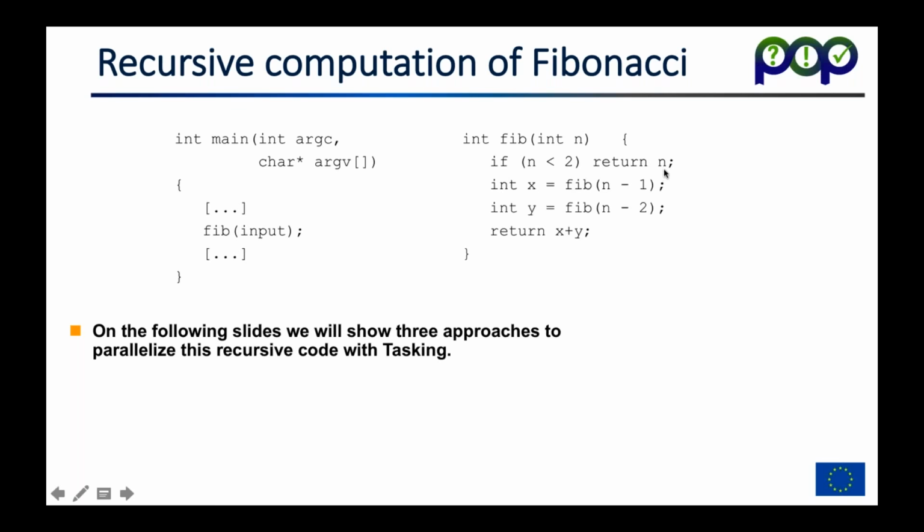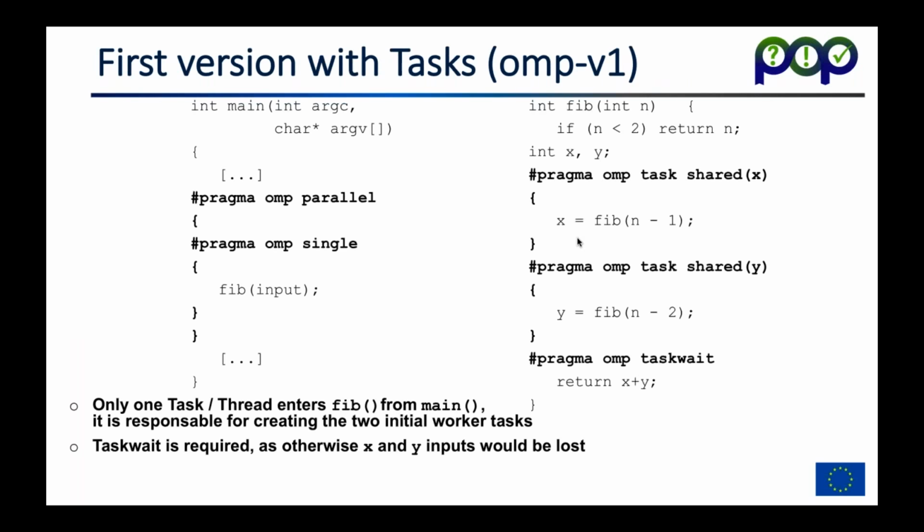If the n is small enough, I'll just return it. Otherwise, I say x is Fibonacci of n minus 1, y is Fibonacci of n minus 2, and then I compute x plus y. Okay, so I set out being a brave programmer and parallelize this with OpenMP. I have a parallel region to give me a team of threads. I have a single construct, which means one thread will execute the body of the single, which is this first call to Fibonacci.